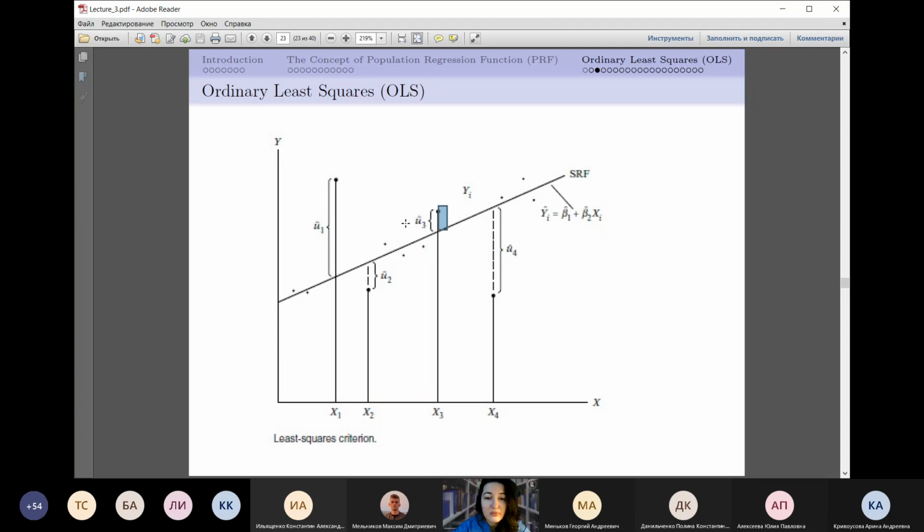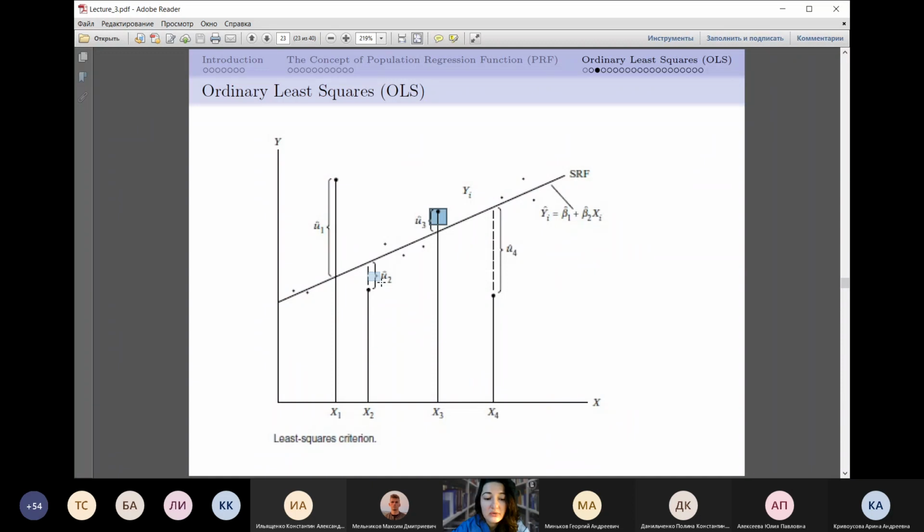And it would not be good if all of the residuals received equal importance, no matter how far the individual observations are from our line, because this one and this one are scattered more widely from our line than these two residuals.